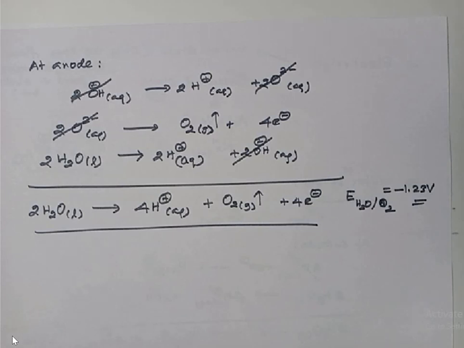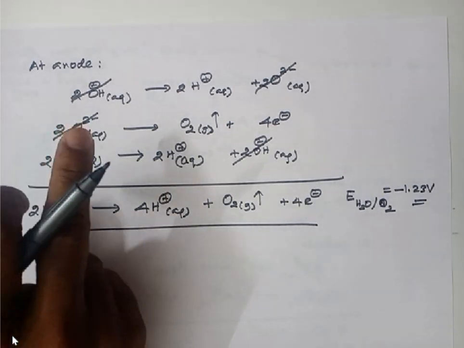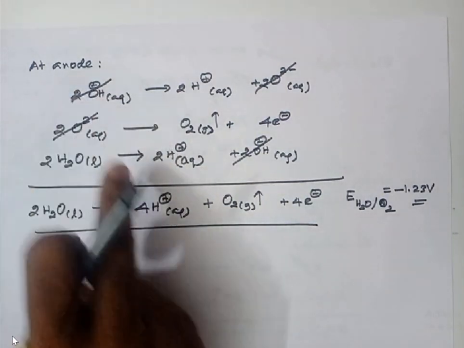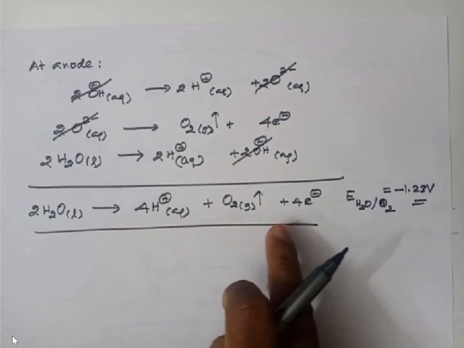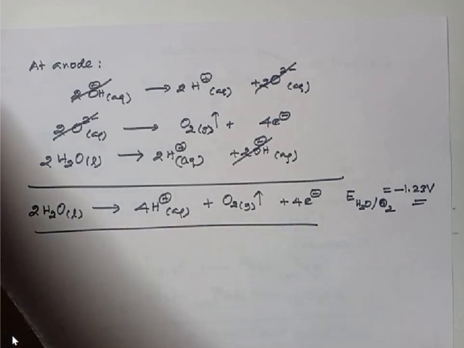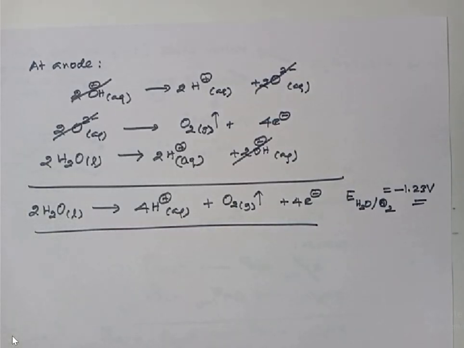Okay, so these two reactions are the possible reduction reaction at the cathode and the possible oxidation reaction at the anode. These two reactions must also be considered along with the main reactions, that is, the ions that are produced from the electrolyte.